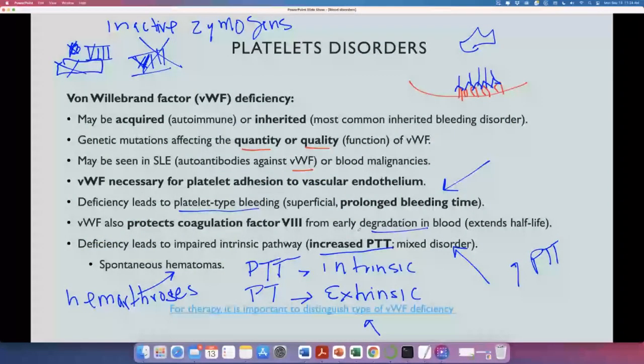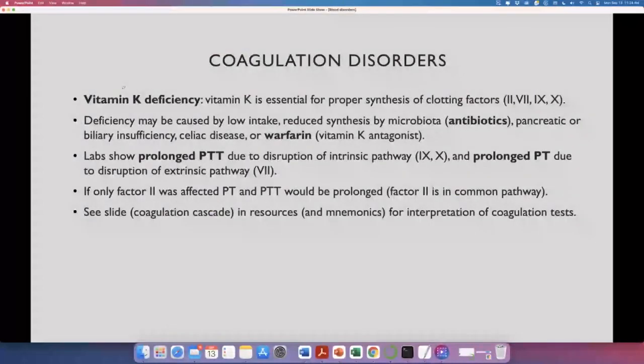So what else? We have to understand, for example, what happens when people have vitamin K deficiency. Vitamin K is necessary for the proper synthesis of different coagulation factors. For example, fibrinogen, factor 7, which belongs to the extrinsic pathway, factors 9 and 10.